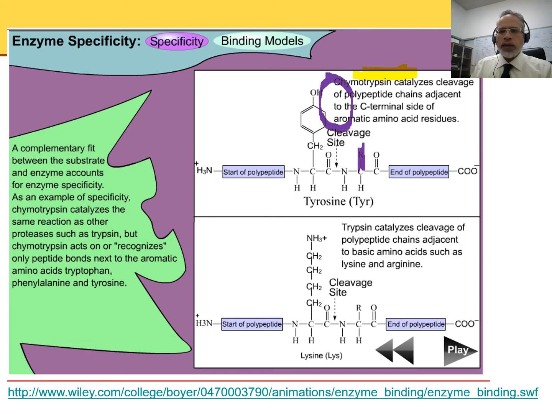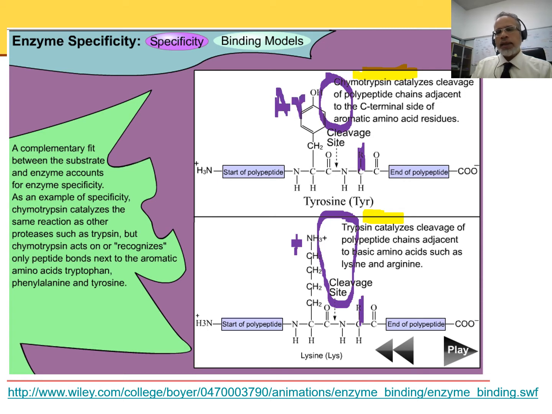There's another protease called trypsin. Trypsin is a protease that also cleaves at the peptide bond, but it wants a peptide bond in which the carbonyl carbon comes from an amino acid which is not hydrophobic, but rather has a positive charge. So this is a different amino acid, and here you have an aromatic amino acid.